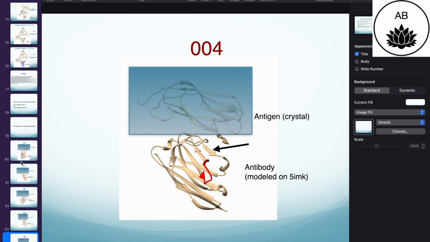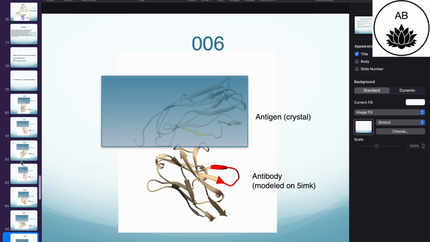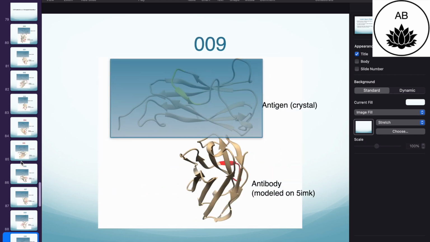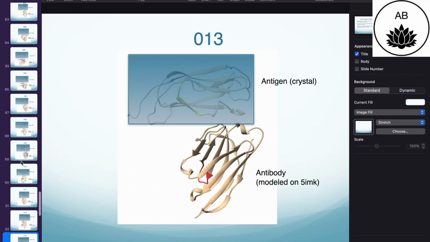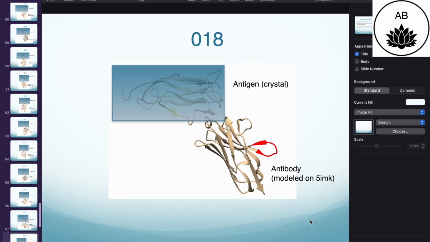In 4, yes, if you notice the black arrow, then yes, this part is being presented as CDR. In 5, a little bit of it, yes. In 17, a little bit of it, yes.